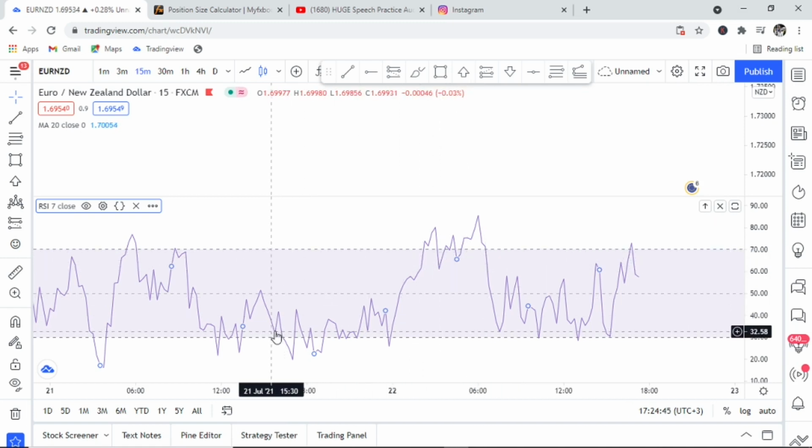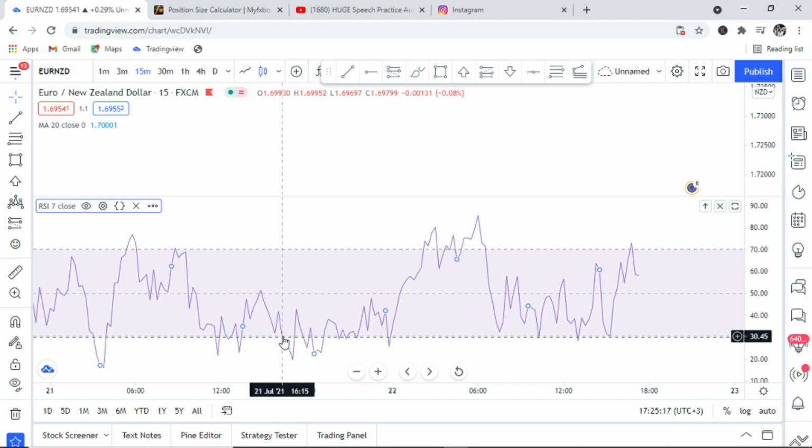Now when price is oversold, the RSI crosses below this horizontal line below here, which is the 30 level. When price crosses the 30 level, price is said to be oversold. And when price is oversold, it simply means that price came down very quick and there is a high chance that it may be underpriced. When price is underpriced, there is a high probability that it may jump back up.